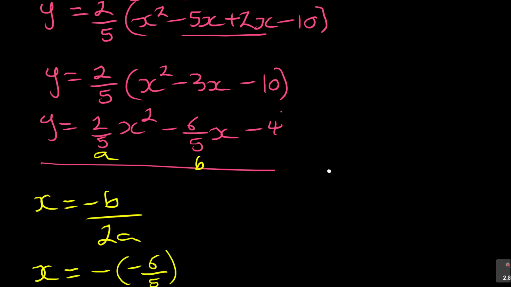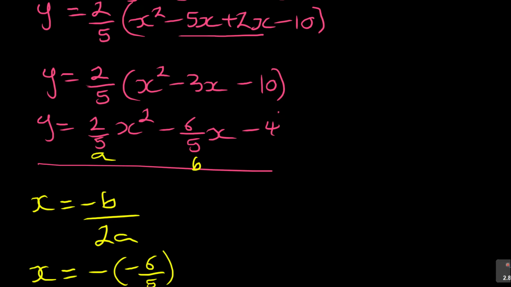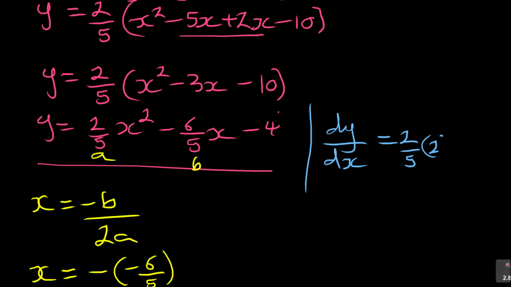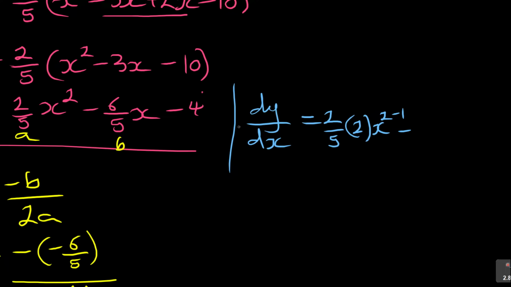Another alternative here, we could have used dy over dx. dy over dx is equal to 2 over 5, you drop that 2, remember the rules of calculus, x to the 2 minus 1, minus 6 over 5, that x becomes a 1.